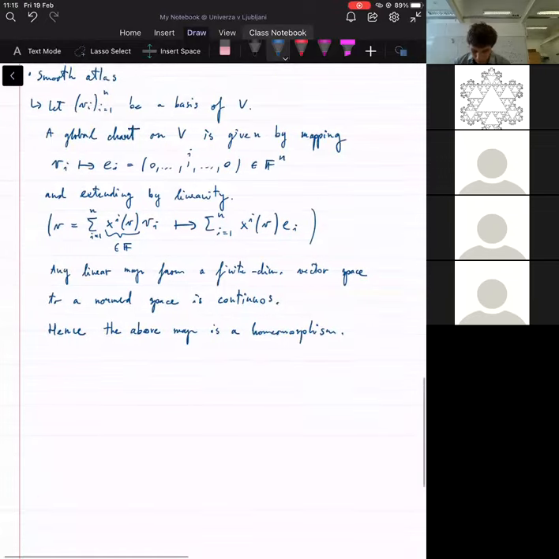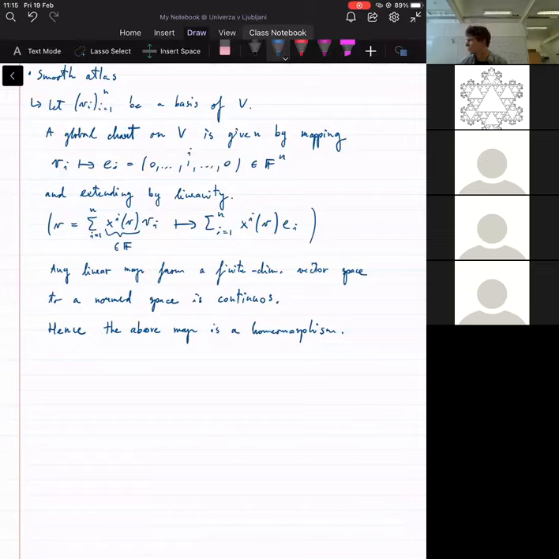Okay, let's try to consider what happens if we pick another basis. Does anybody reckon what happens if we choose another basis, not v_i, but w_i? Maybe things are the same. I don't see why they would be different. Yes, but that means we have an additional chart.